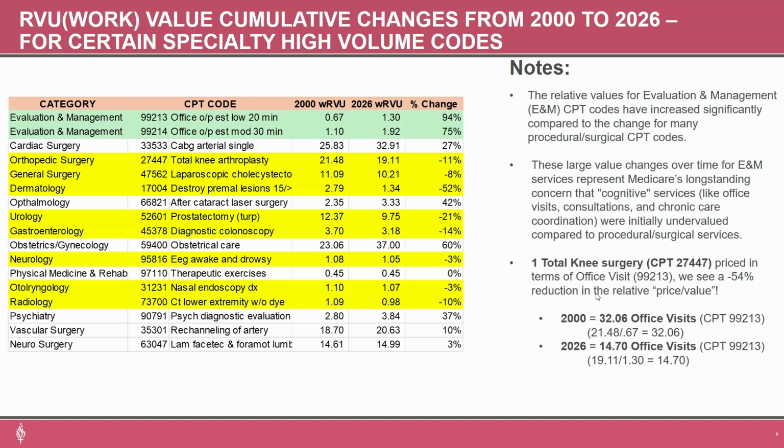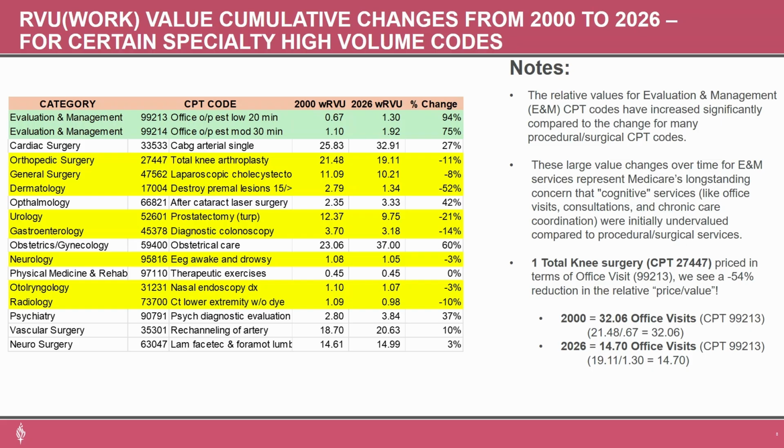A dramatic way to look at this is let's price the total knee surgery in terms of office visit 99213. In the year 2000, a total knee surgery priced in terms of CPT code 99213 was 32.06 office visits. In 2026, the relative value of one total knee surgery priced in terms of CPT code 99213 is only 14.7, a change of 54%.